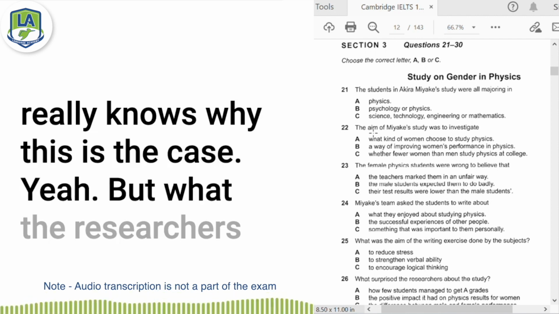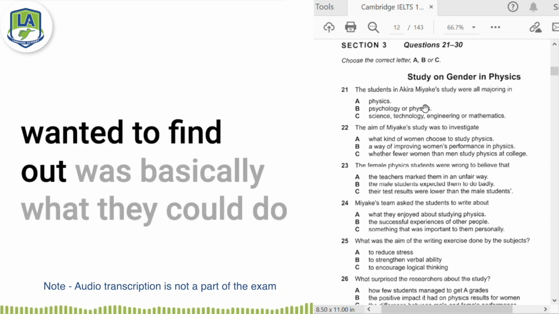Yeah, but what the researchers wanted to find out... See, the answer is given clearly, but what the researchers wanted to do is to find a way to improve the low result or low success rate. That is what they wanted to find out, and that is what they're investigating.